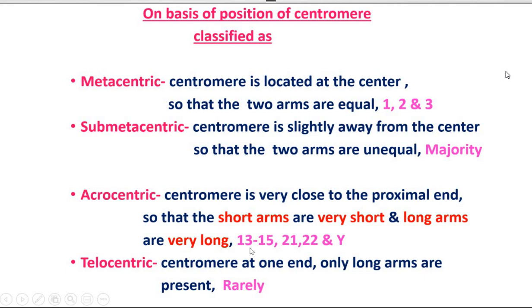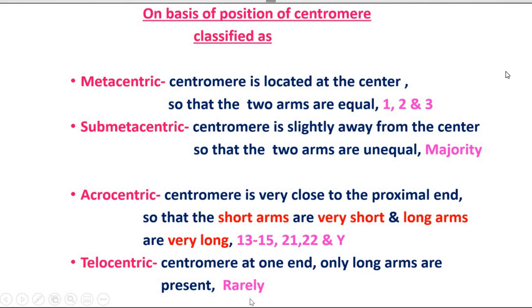Examples of acrocentric chromosomes are chromosomes 13, 14, 15, 21, and 22, and the Y chromosome also falls under this category. Then we have telocentric chromosomes, where the centromere has moved to one end of the chromosome and only long arms are present. Such chromosomes are rare to be found.